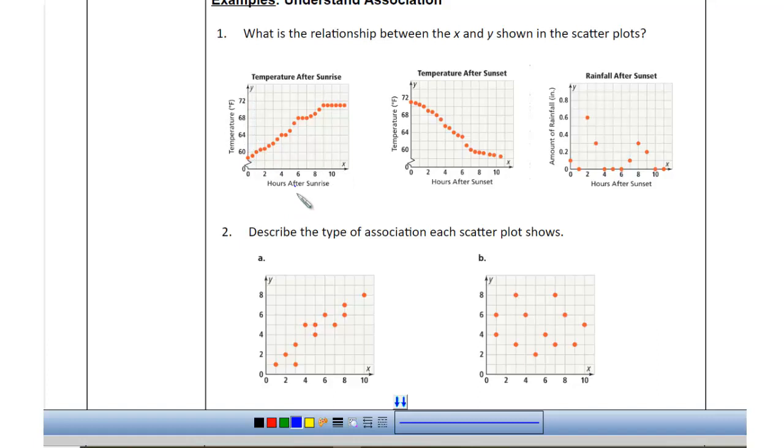So the X value is going up and the Y value is increasing at the same time. This definitely seems to have a positive association. If I looked at that as a line, something linear, I can see that's increasing. That has a positive slope. So this is a positive association.